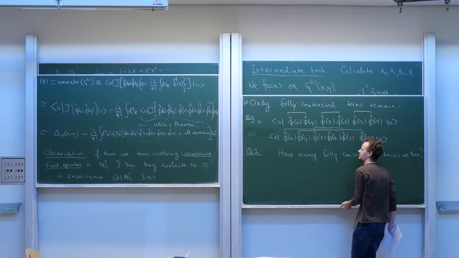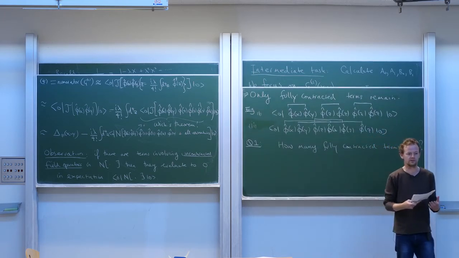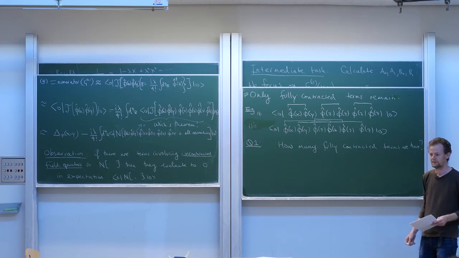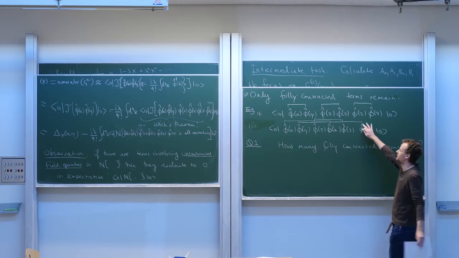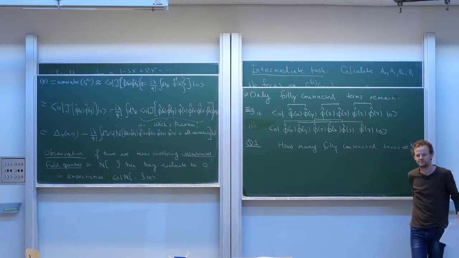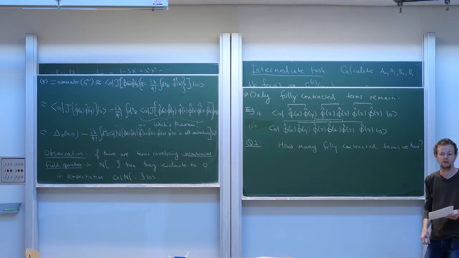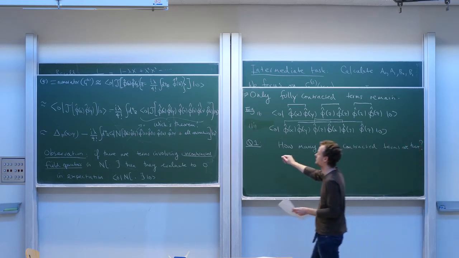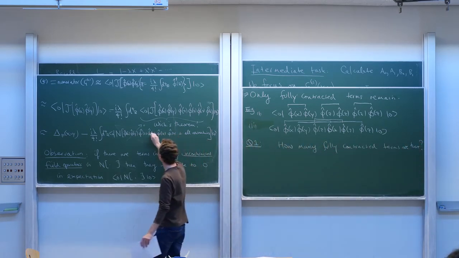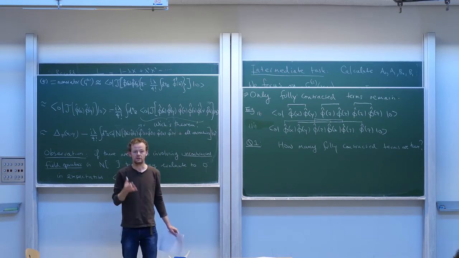It's glorious and beautiful, the combinatorics of Feynman diagrams. But at this moment, you'd be forgiven for thinking it's depressing and boring. Right, question 1: how many fully contracted terms are there? If you've got an expansion with 6 field operators, just a gross count, how many do we have to deal with?